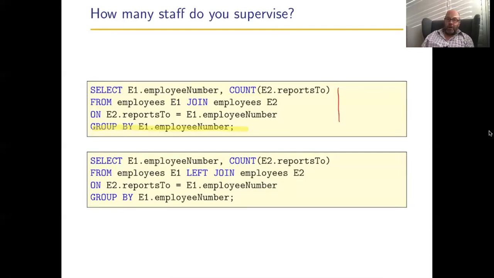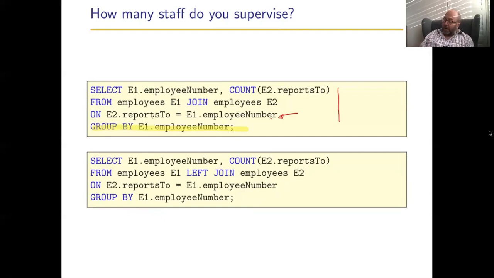E2 is another copy of the table employees. We're going to join E1 and E2 according to this condition: E1 employee number must equal E2.reports2. Well, that means that E1 is the supervisor of E2. So every row in this join table is going to reflect a supervision relationship where E1 supervises E2.